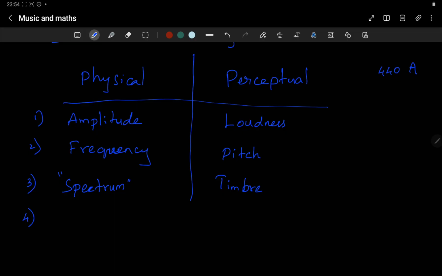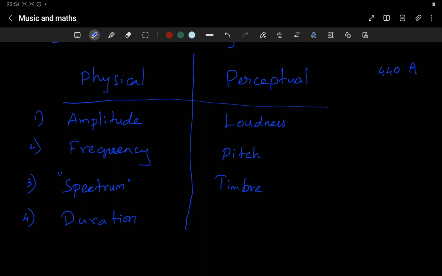And the fourth factor is duration. Depending on how long we hear a particular sound, we feel differently.